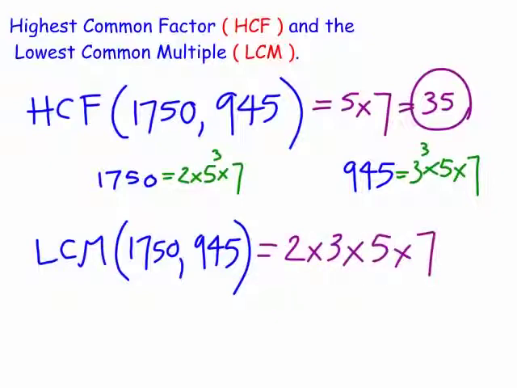Now we have to use the highest powers of these. 2 is to the power 1, that's okay. 3 is to the power 3. 5 is to the power 3, and 7 is to the power 1. So now we're going to generate a fairly big number. I think it's 47,250. This is the lowest common multiple of those two numbers, 1750 and 945.